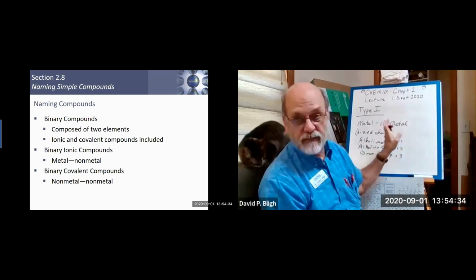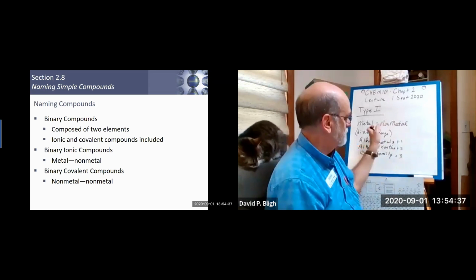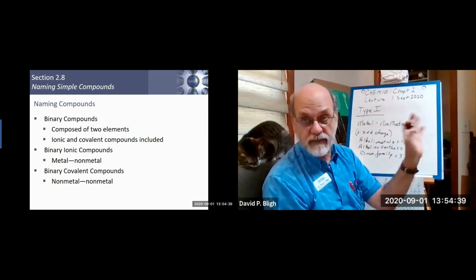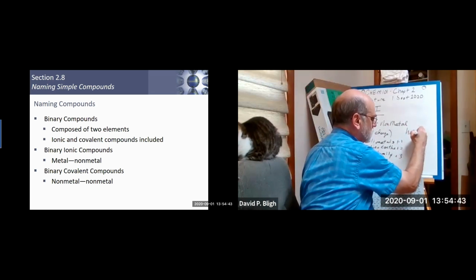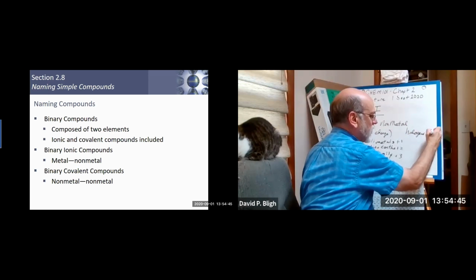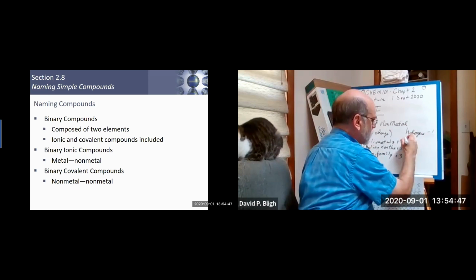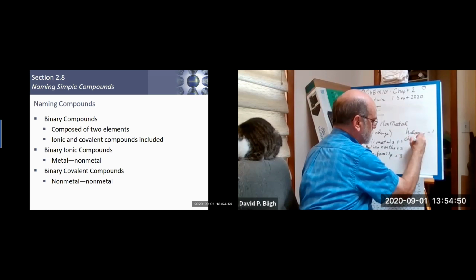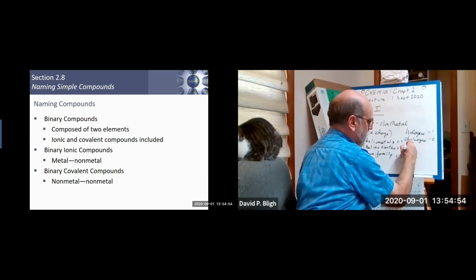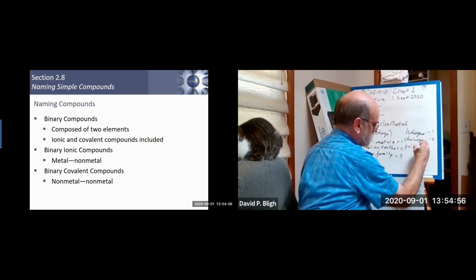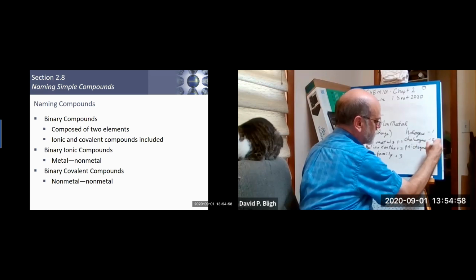Okay. Then the nonmetals can be anything on the nonmetal side. If they are halogens, they're always -1. If they're chalcogens, they're -2. If they're pnictogens, -3.